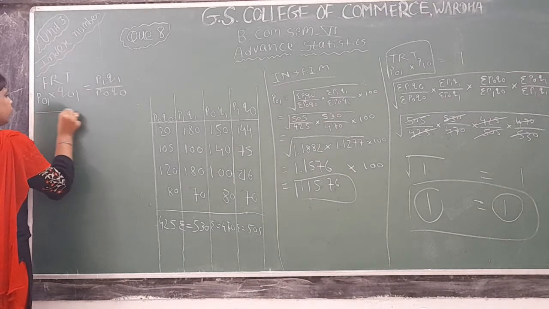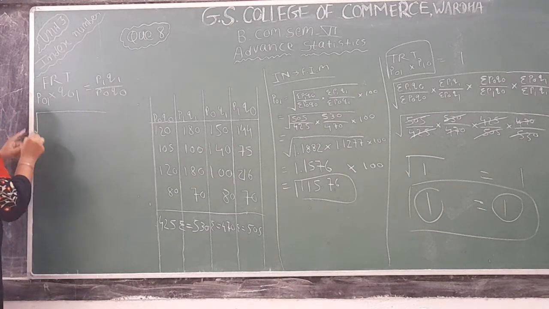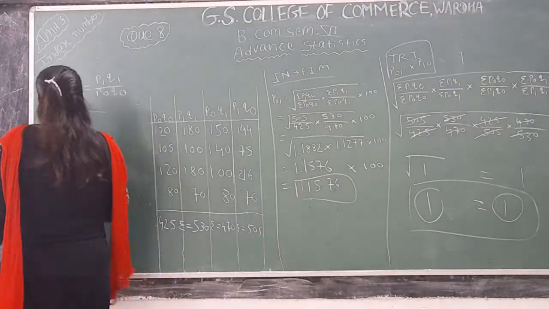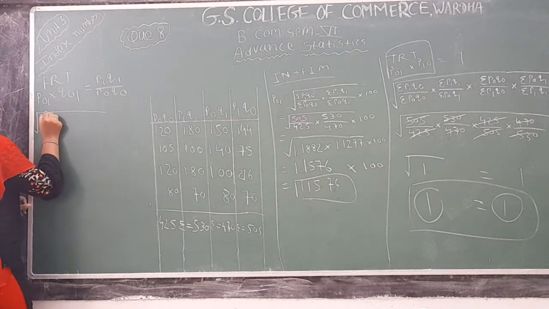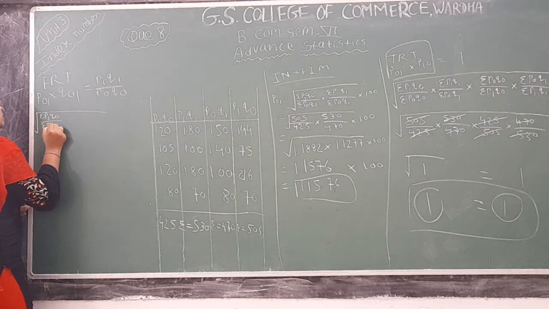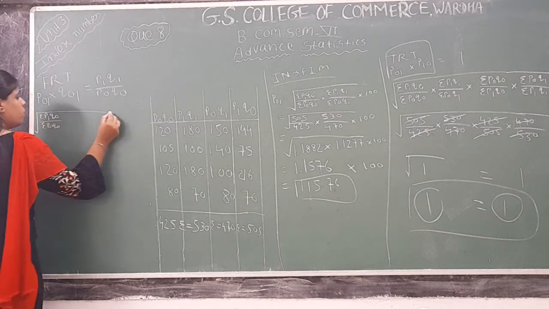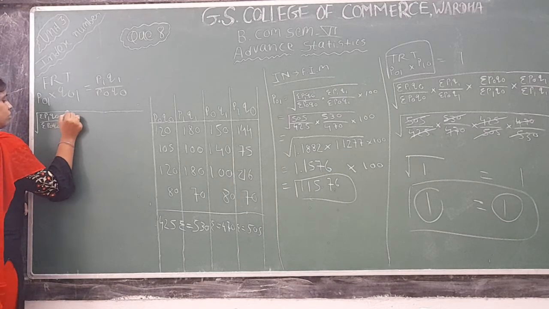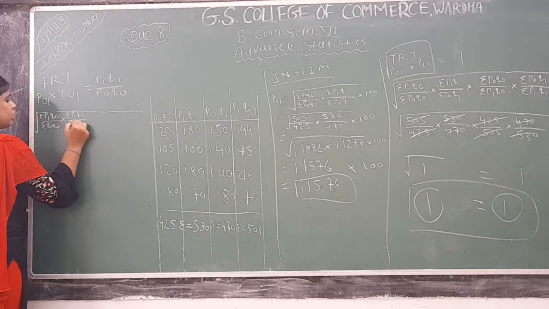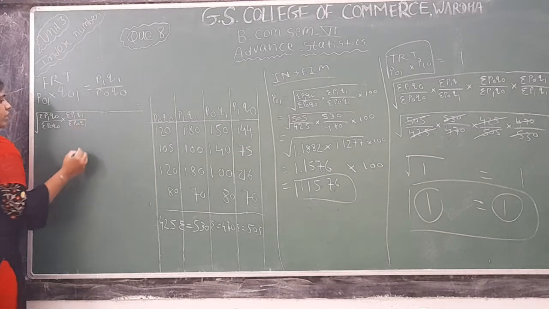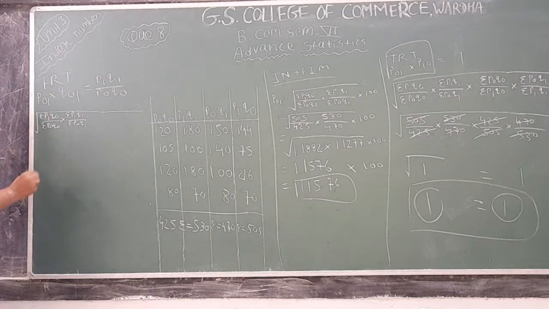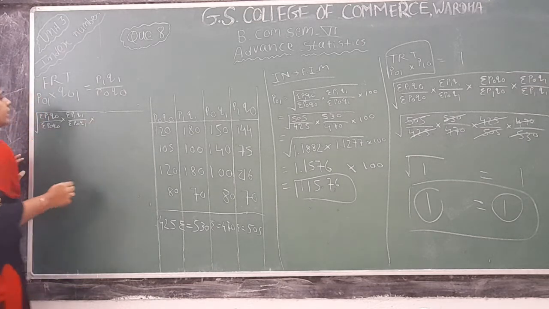P01 would be equal to the square root of summation P1 Q0 upon summation P0 Q0, multiplied by summation P1 Q1 upon summation P0 Q1. This is the formula for computing P01. How do we compute Q01? Q01 means the quantity index number.